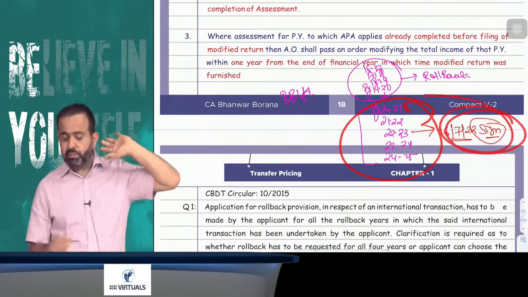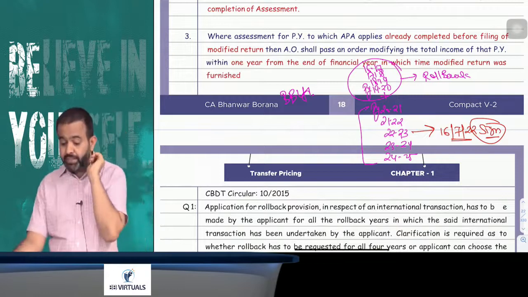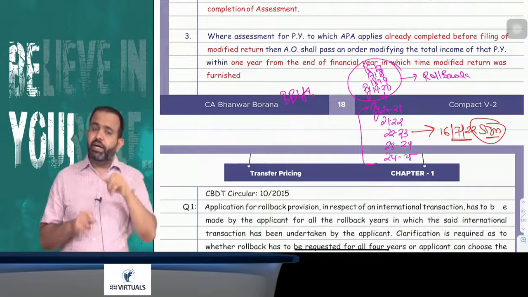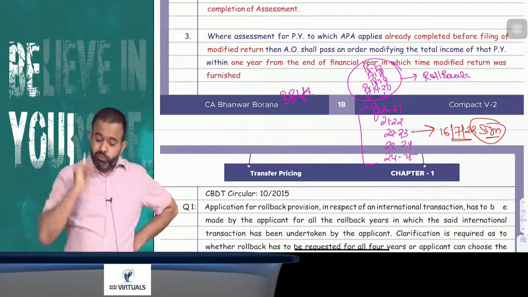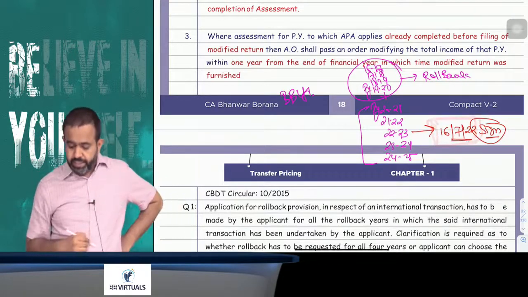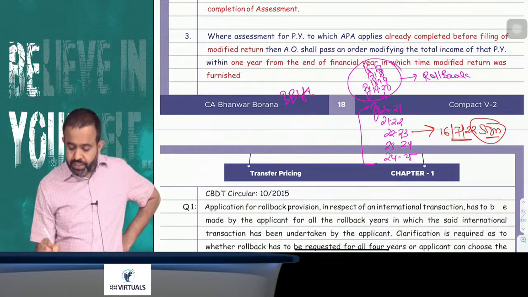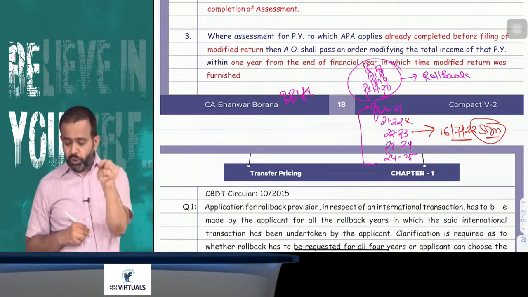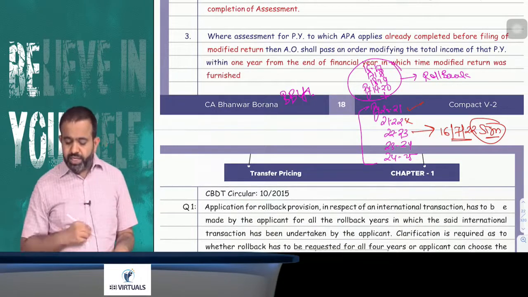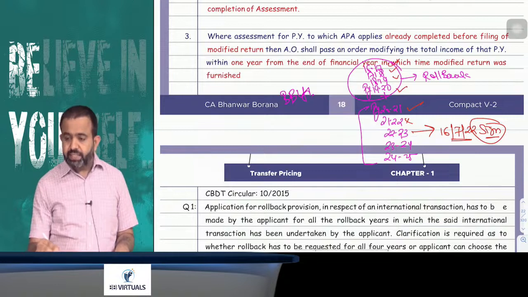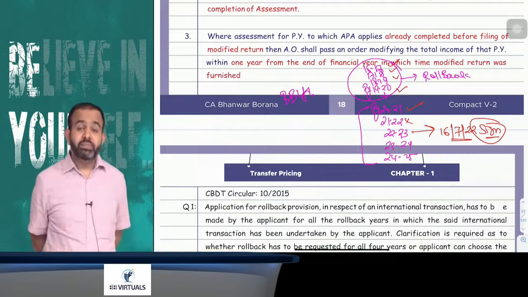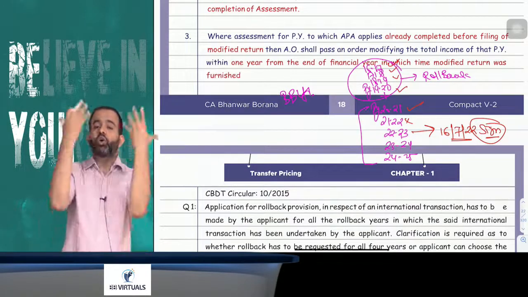So now the question is about the returns filed earlier by the assessee as per normal provisions. Obviously the return for previous year 21-22 is still not filed till 16 July 2022. But you have already filed the returns for 19-20, 18-19, 17-18 and 16-17, which means the earlier year returns were already filed as per the normal provisions of income tax.